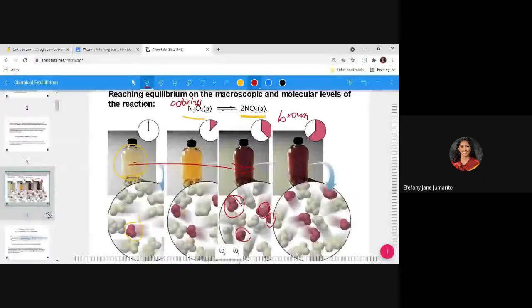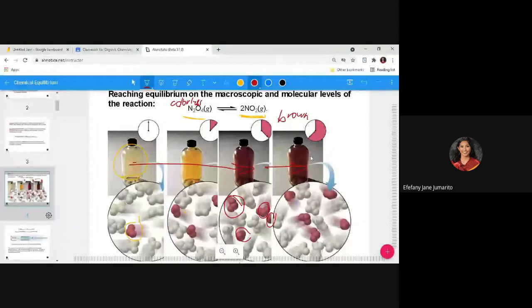And then in the last container, we can see that the brown color no longer gets any browner, because it has reached its equilibrium already.